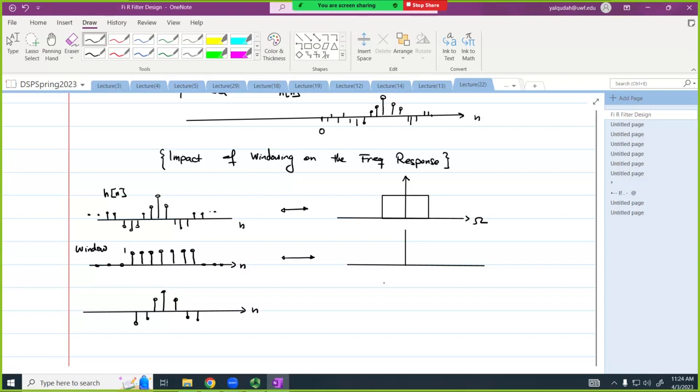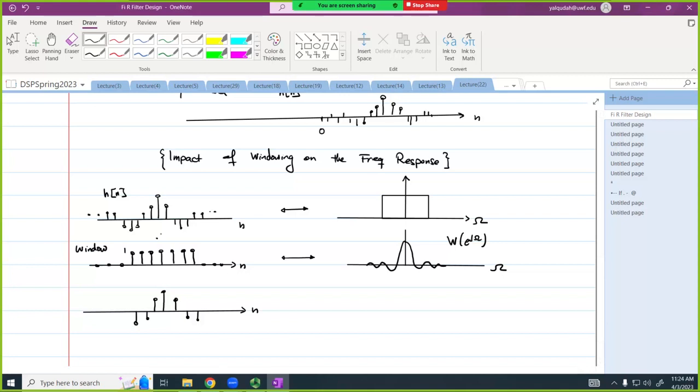A sinc. So if I look in the frequency domain, this looks something like this. This is W e to j omega. Now if I multiply these together in the time domain, what is the frequency response going to look like? It's going to be the convolution of these together. Does that make sense?